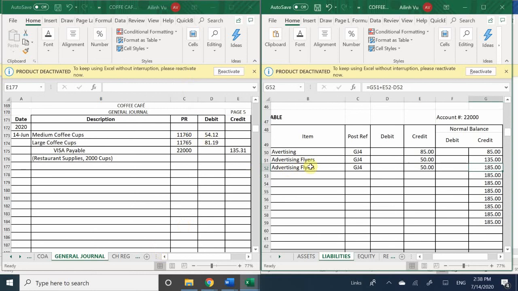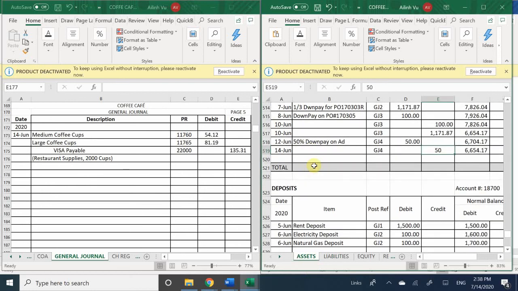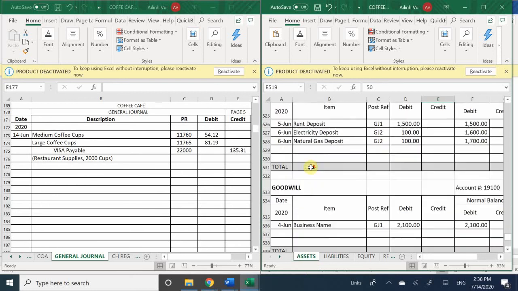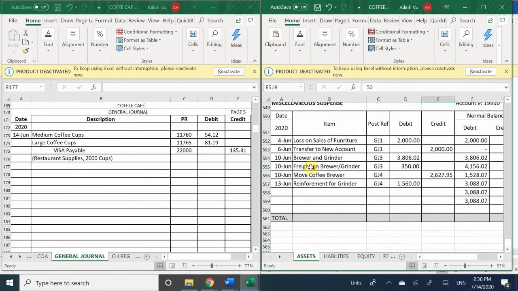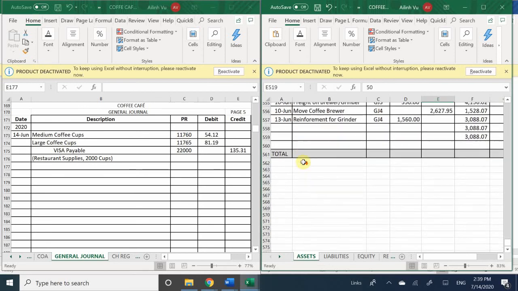Okay. So now we go to the ledger and go to our assets, and we're going to record our medium coffee cups and our large coffee cups.